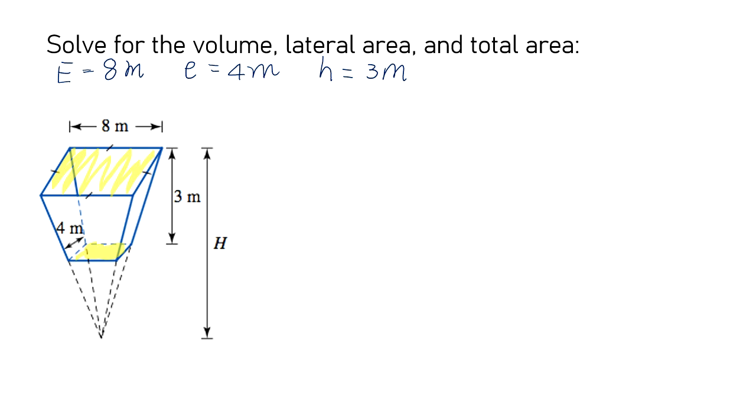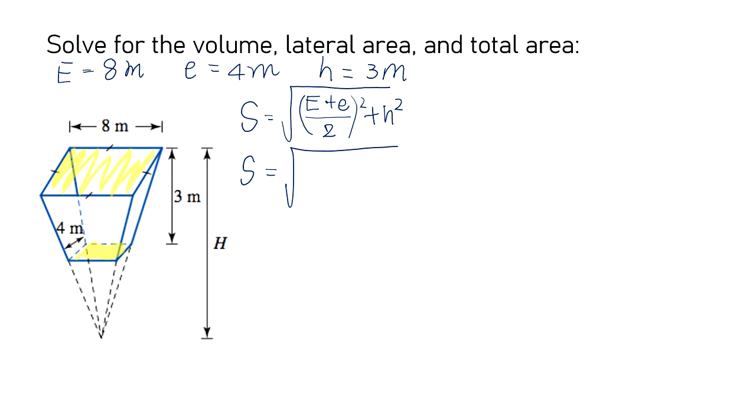So again, to solve for the slant height, we have the square root of big E plus small e all over 2 squared plus height squared. Substituting our given to find the slant height, we get square root of 8 plus 4 all over 2 squared plus 3 squared.